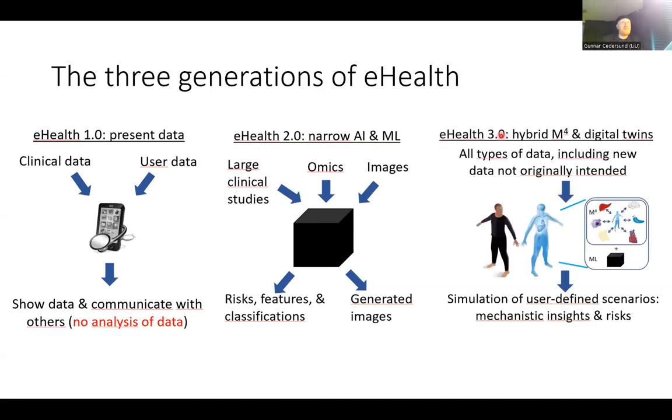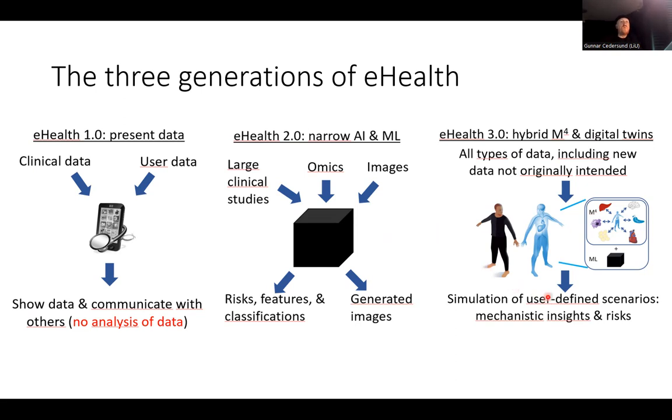So therefore, e-health 3.0, where you have these hybrid models and digital twins, which is what you learned in this course. There you can use all types of data and all types of knowledge, including new data that wasn't used to train the model, because it's extendable.